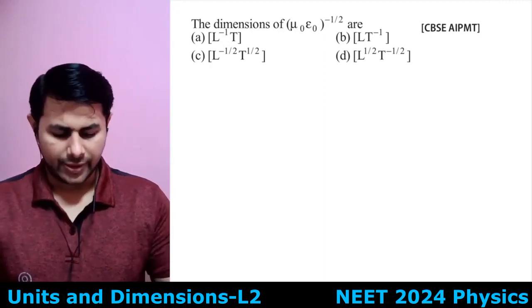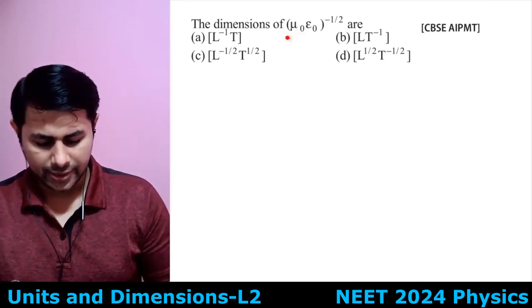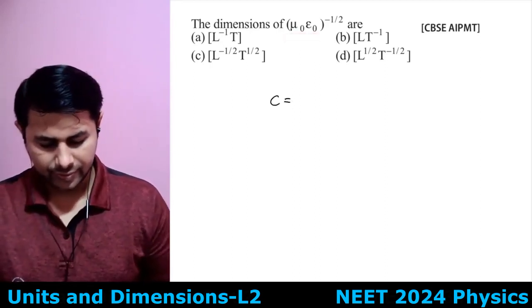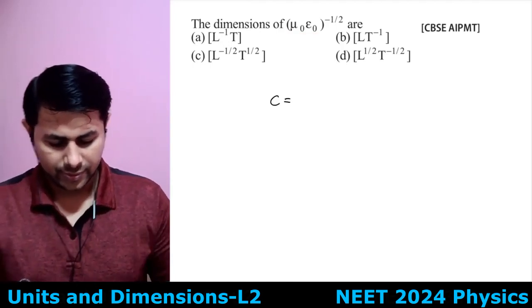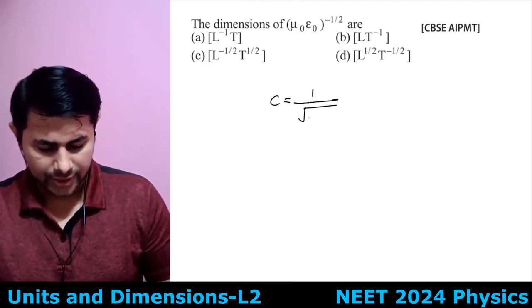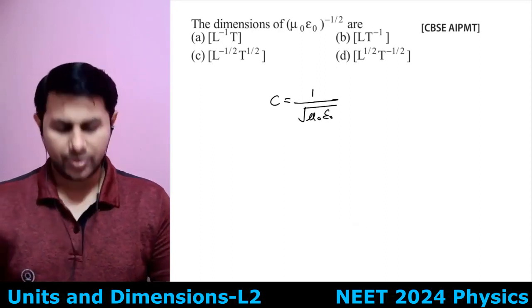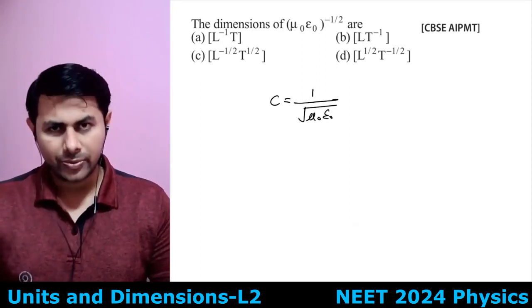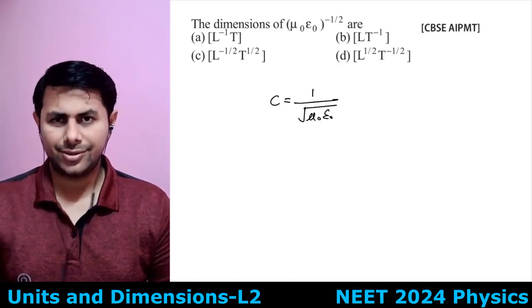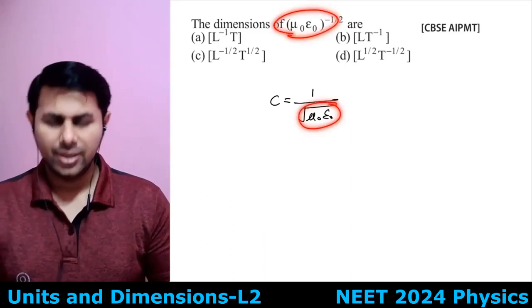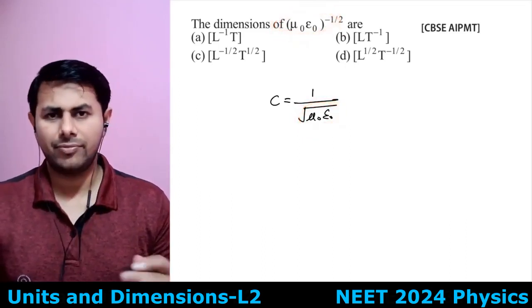This is the formula for the velocity of light. C is equal to 1 by root of mu naught epsilon naught. So if you know this formula, then you know these dimensions. The same thing is given over here, mu naught epsilon naught raised to minus half.